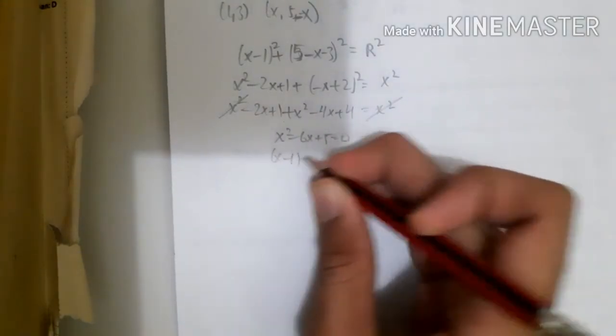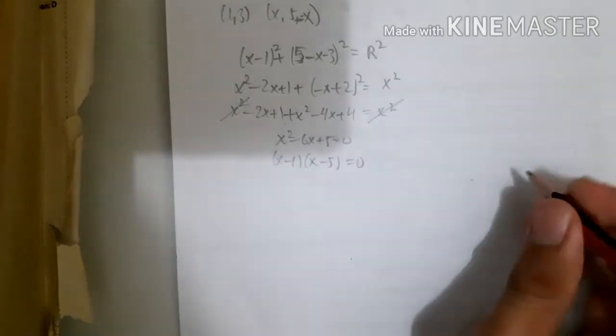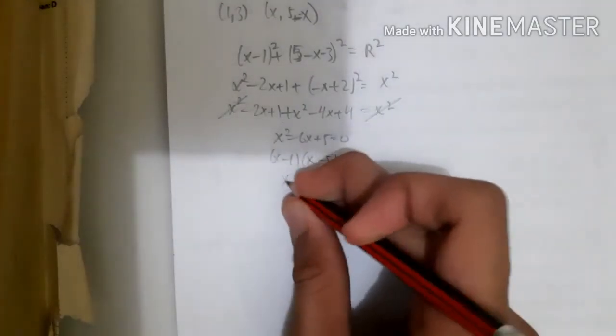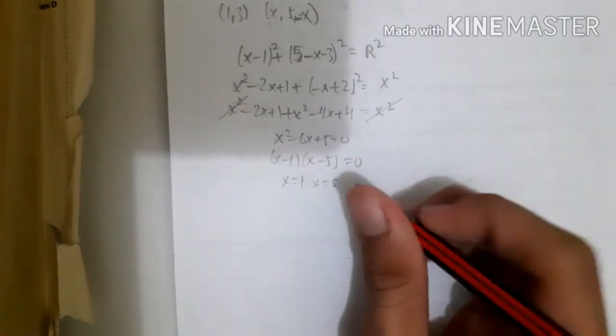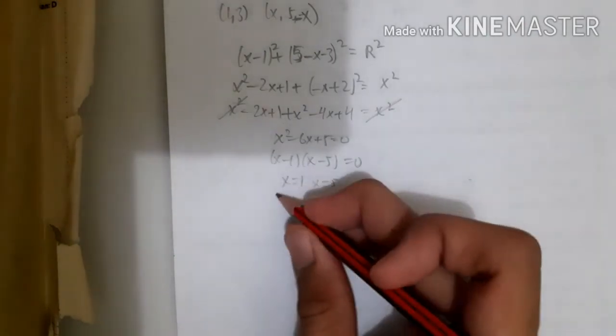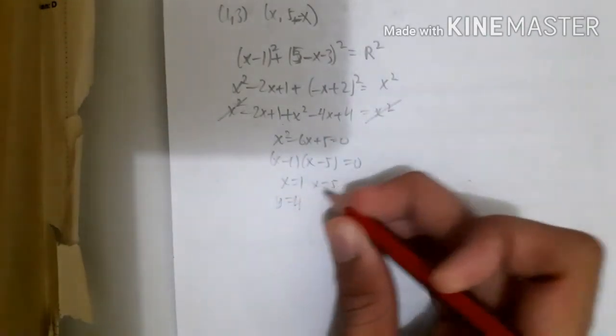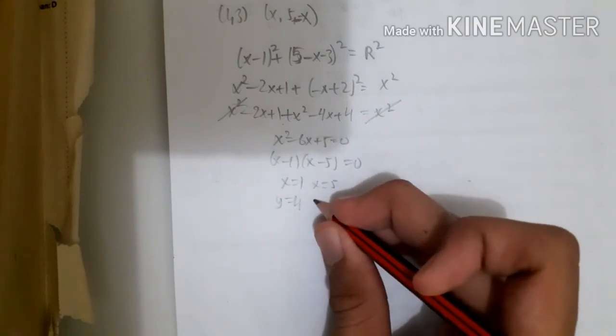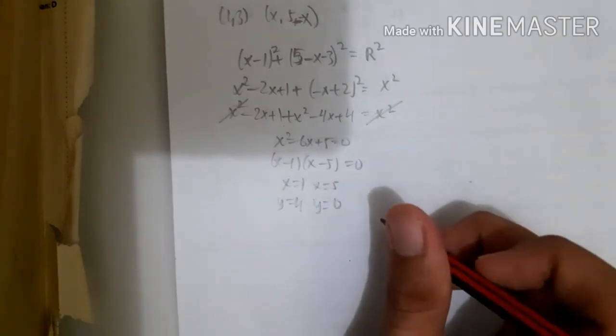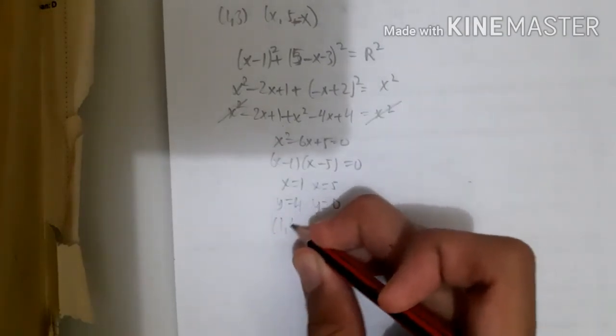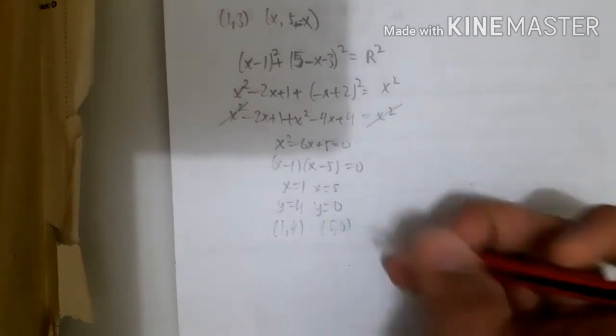So x minus 1 times x minus 5 equals 0, and you can see that x is 1 and x is 5. If the x coordinate is 1, the y coordinate is 4. If the x coordinate is 5, the y coordinate is 0. So we got the centers (1,4) and (5,0).